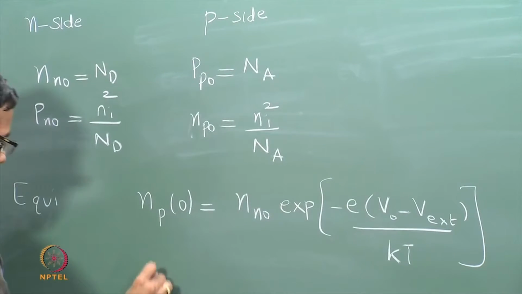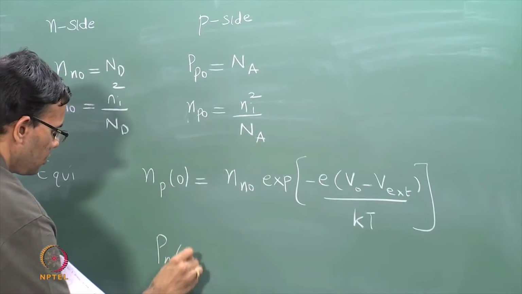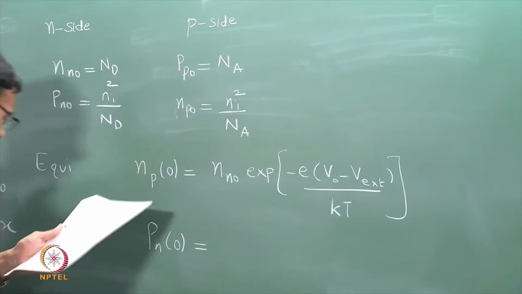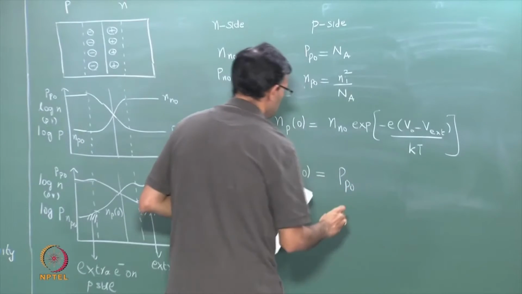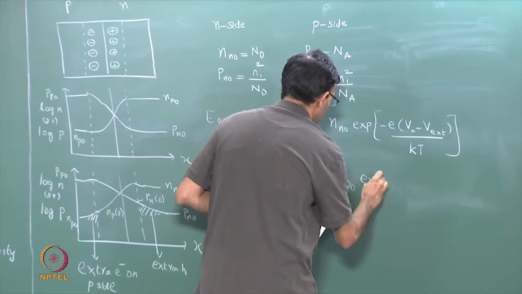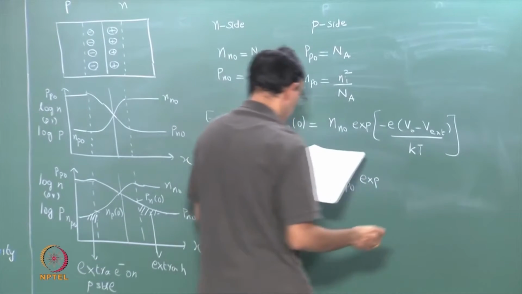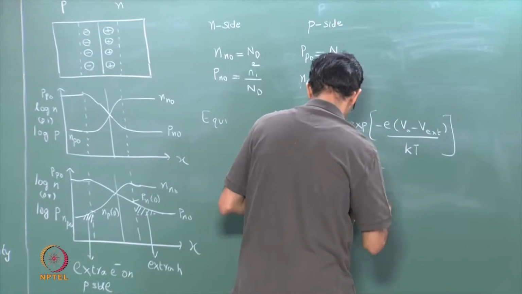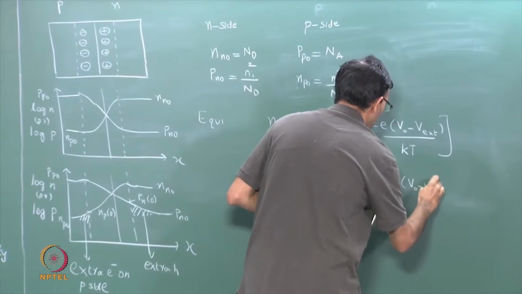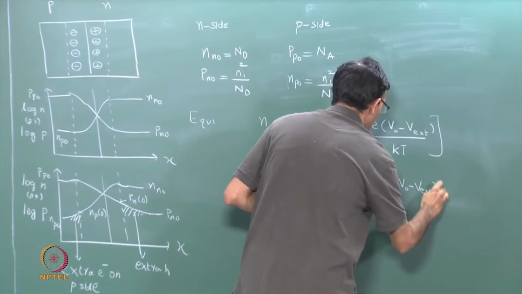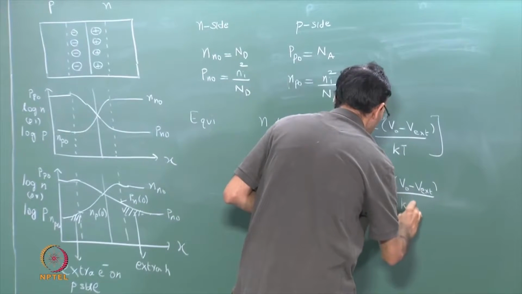Similarly, p_n0 is nothing but p_0 exponential of minus e(V0 minus V external) over kT.